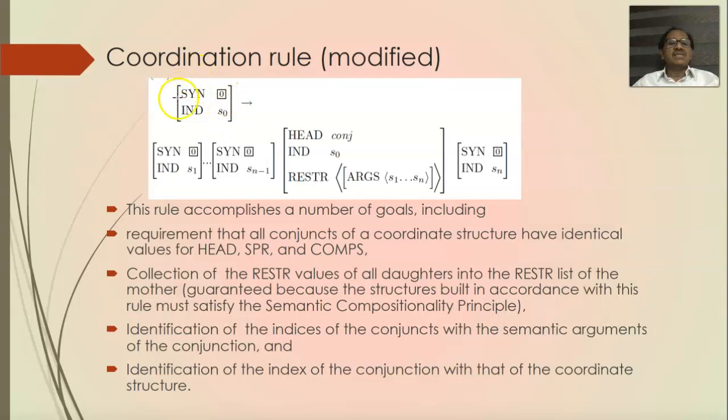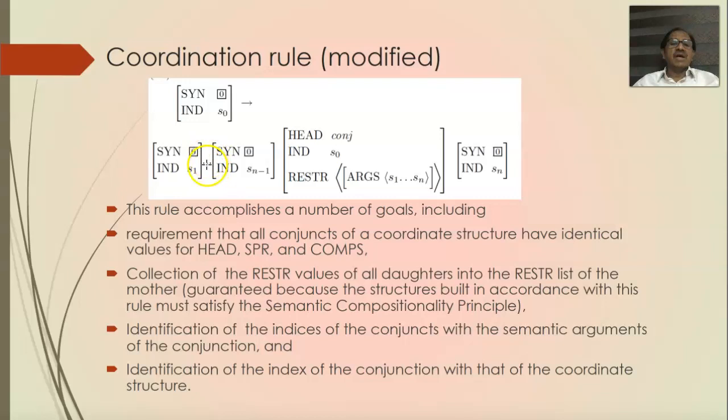This is a coordination phrase, which consists of conjuncts, right? Conjuncts have the same syntax value as the coordinate phrase, O, but the index value is S1, whereas here it is S0.